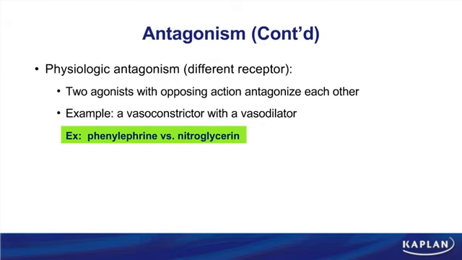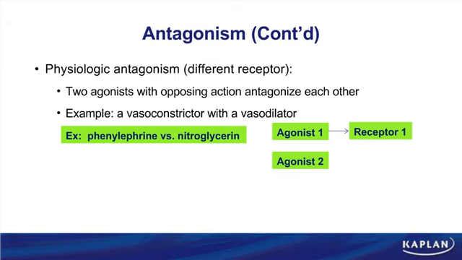So let's draw a diagram. So agonist 1 stimulates its own receptor. Agonist 2 stimulates its own receptor, and those two receptors oppose each other. And that's what we call physiologic antagonism. You can probably think about maybe the best example, which is the autonomic nervous system. Isn't it true that the sympathetic nervous system opposes the parasympathetic nervous system?